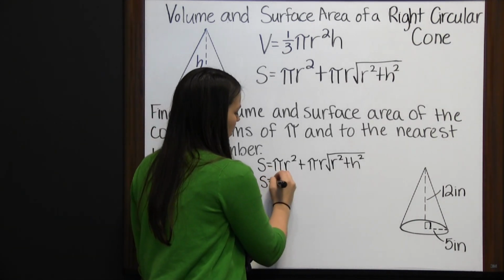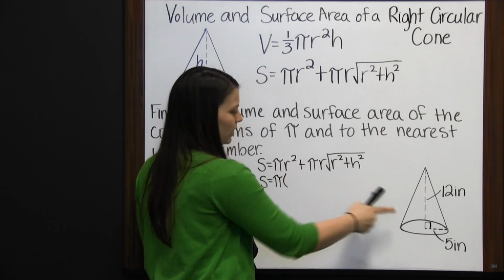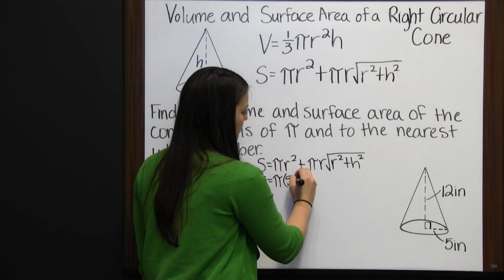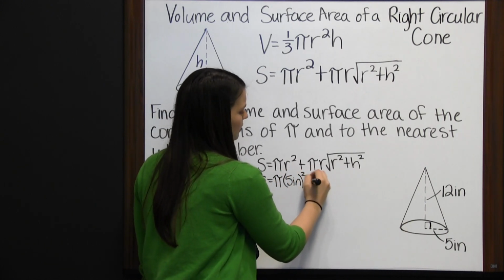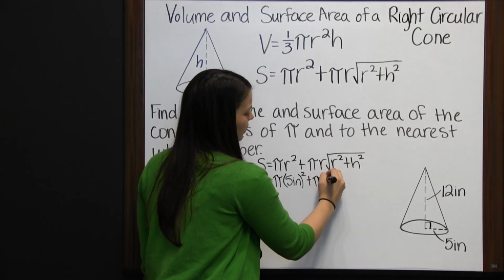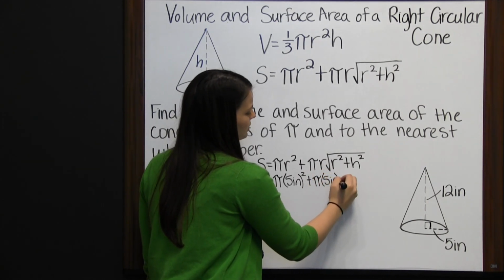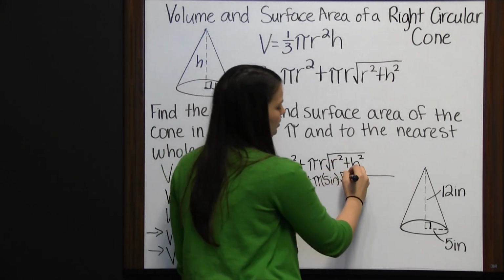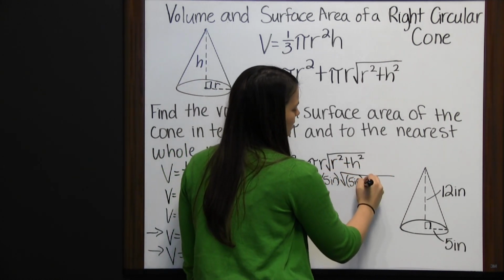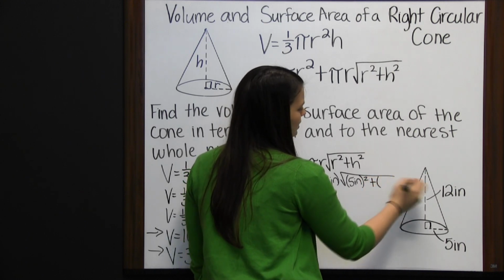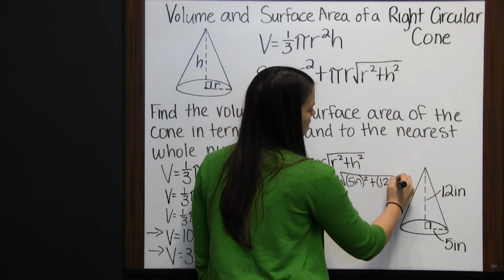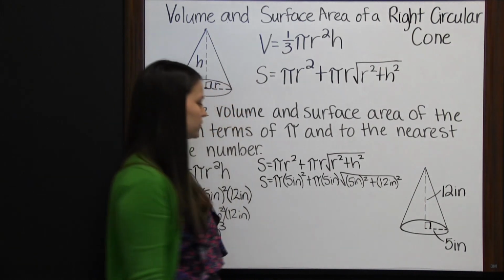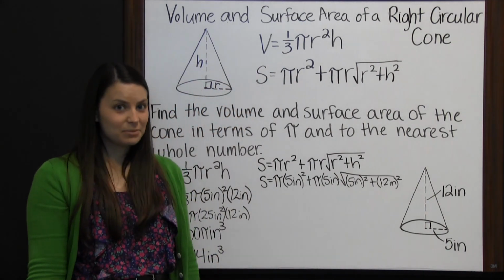So surface area is pi times the radius, 5 inches, squared, plus pi times the radius again, 5 inches, times the square root of the radius squared, 5 inches squared, plus the height squared, 12 inches squared. Whew. And now we need to simplify.